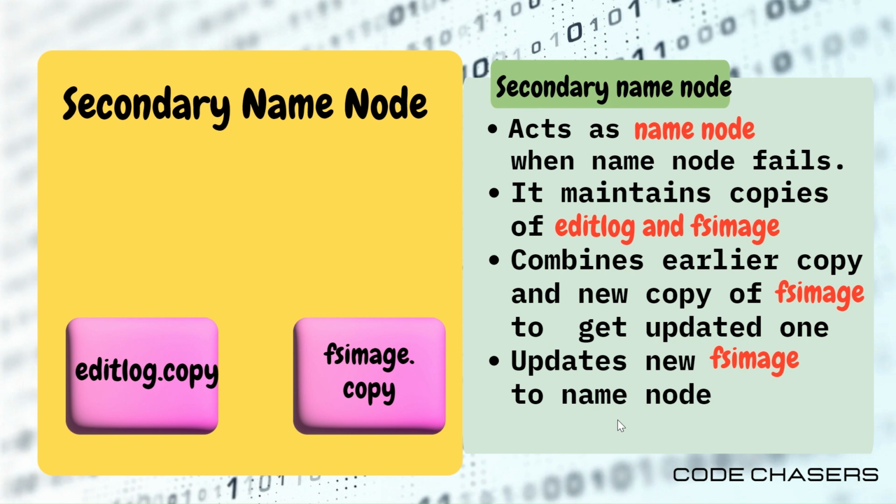Whenever a name node fails, the secondary node comes into action. It will combine the earlier copy and new copy of fsimage to get the updated one. Updated fsimage contains each and every change that happened in that name node since the beginning, that means since the beginning of the damaged name node. This is one of the important features of Hadoop again.